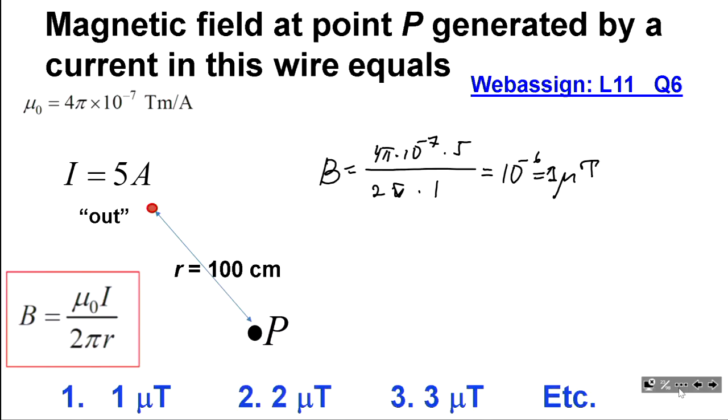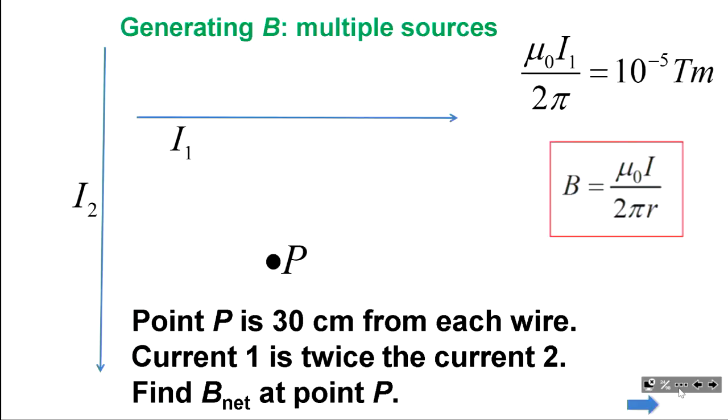But of course, the situations we are interested in involve several sources. In the past, we had a situation when several charges created an electric field and we had to calculate the net electric field. Now, when we talk about magnetic field, a different source, a wire, creates the magnetic field. If we have two sources, each source creates its own magnetic field, so we have to calculate the net. This is a standard example.